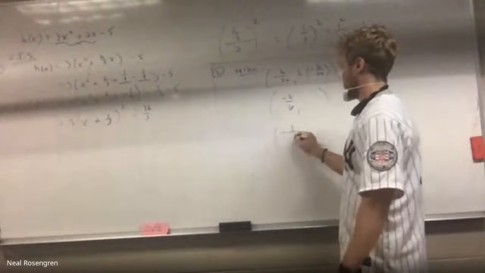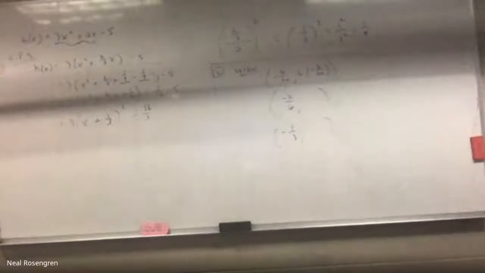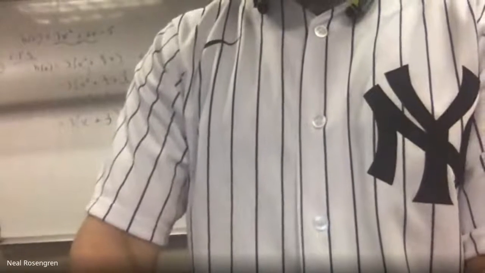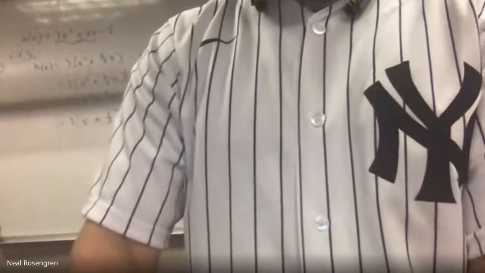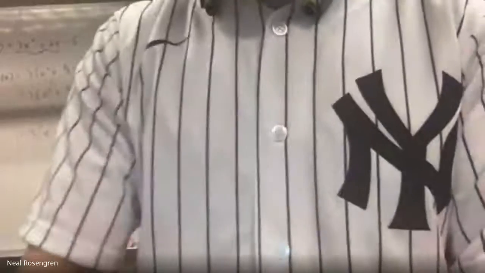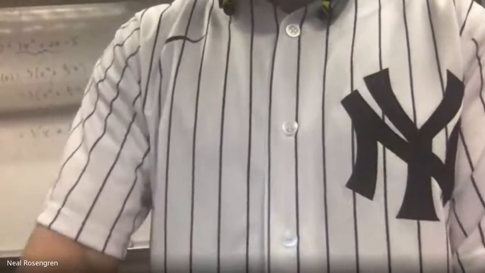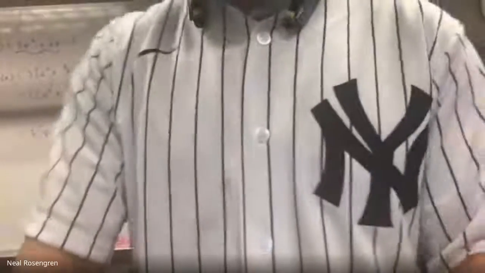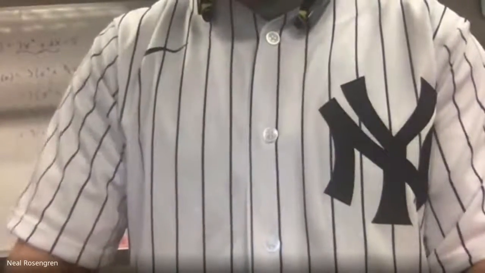So negative 1/3, comma, calculate. I type in 3 times negative 1/3 squared plus 2 times negative 1/3, so minus 2/3 minus 5.